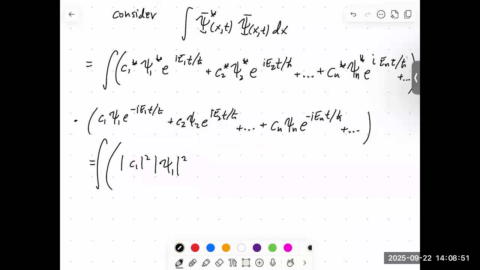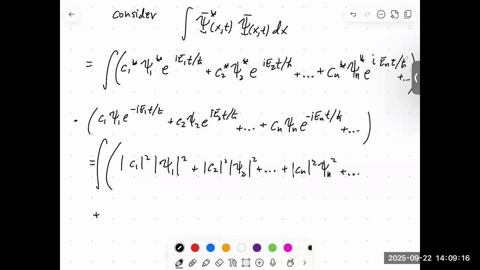Okay, and then we're going to have the direct product for n equals 2, and so on, up to n equals n. Cn squared, psi n squared, and so on. Okay, and now we'll start thinking about cross terms.